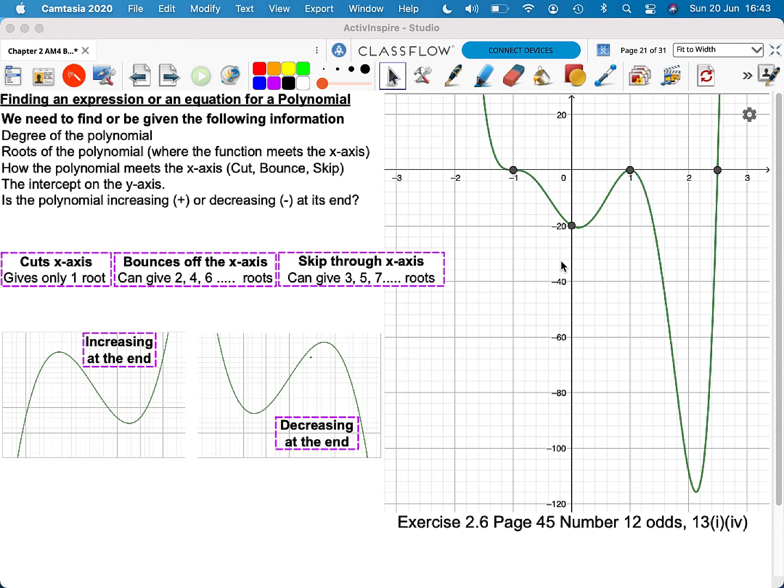Today we're going to look at how we can derive the equation of a polynomial from the way the graph is drawn. If you're going to do this, you need to learn a few key things.